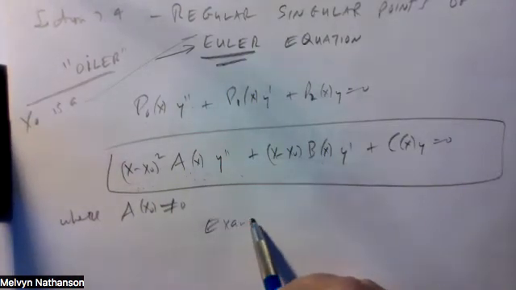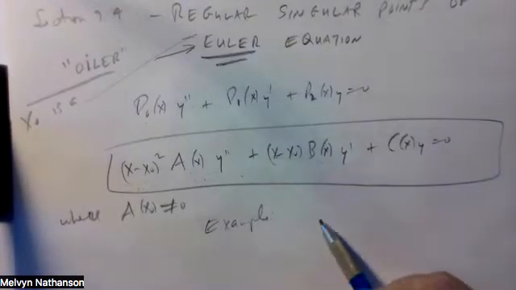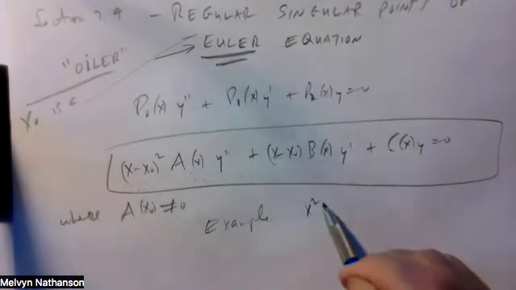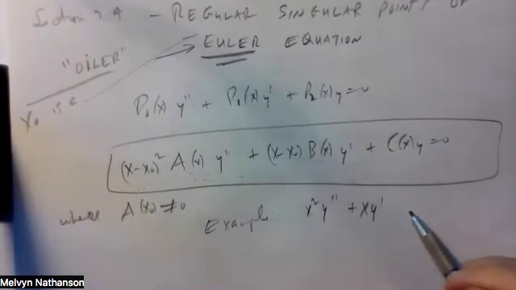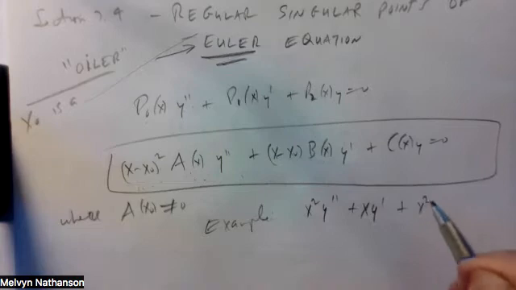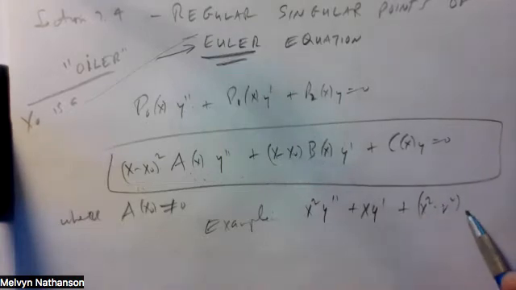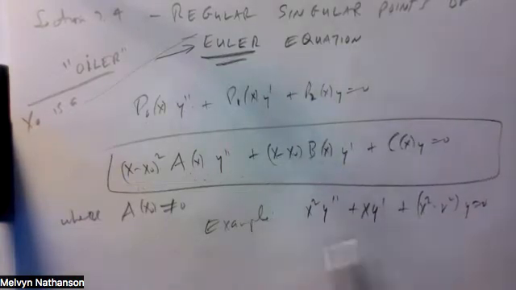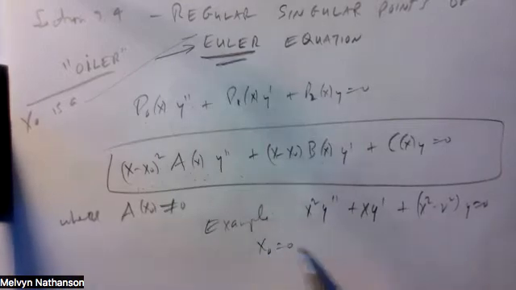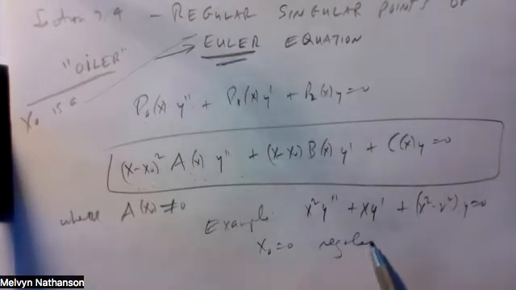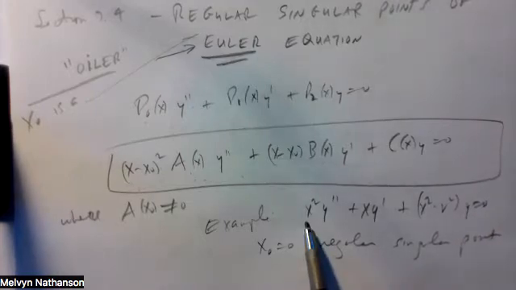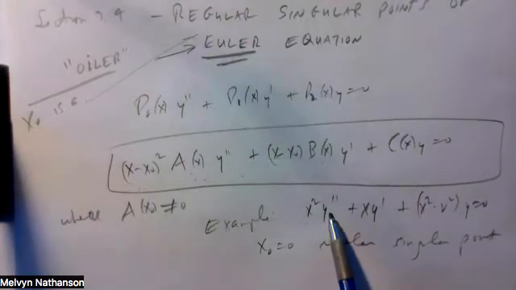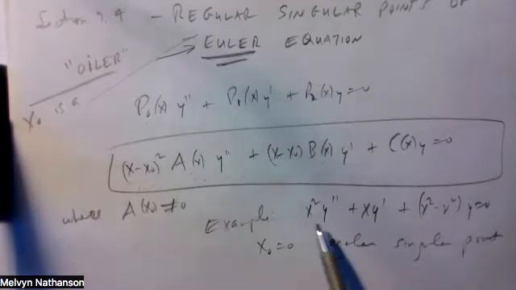For example, there is something in physics called Bessel's equation, x squared y double prime plus x y prime plus (x squared minus something squared) y equals 0, and x naught equals 0 is a regular singular point, because the coefficient of y double prime, if x naught is 0, just has to be x squared times something.